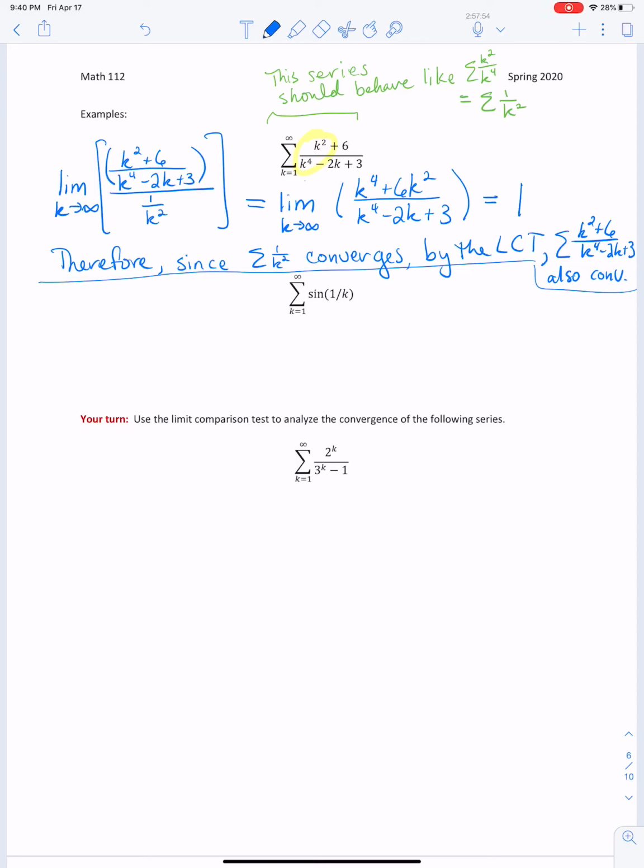So let me do a second example for us here. And so here we might wonder what's happening if I start summing up sine of 1 over k, or, well, that's what we've been given here. And so I want to use an approximation here.